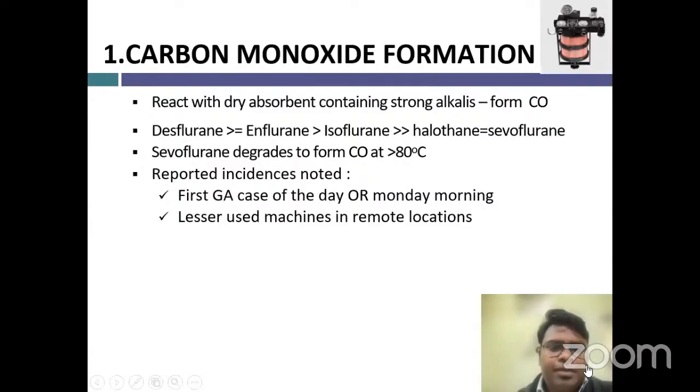Incidence of carbon monoxide formation is reported more during the first GA case of a day or Monday morning because fresh dry gas flowing into the circle system causes the absorbent to become dehydrated. It is more commonly seen with desflurane, followed by enflurane, isoflurane and halothane, along with sevoflurane.